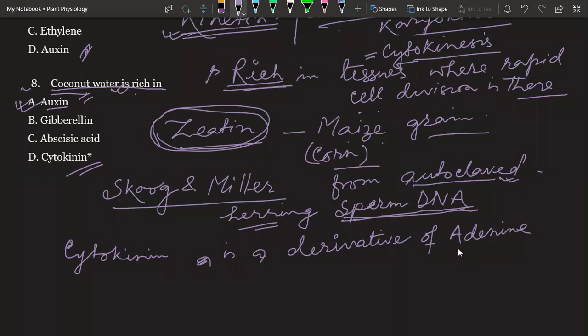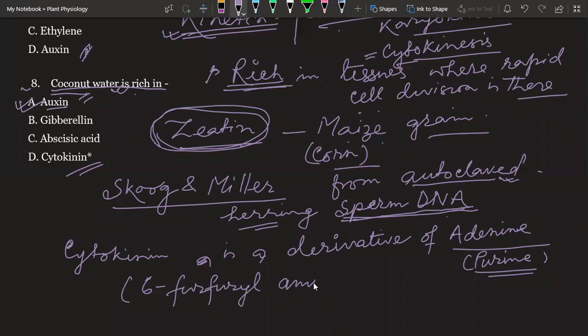Adenine, you know that adenine is a purine base of DNA, is it? So this chemical form is actually 6-furfurylaminopurine.